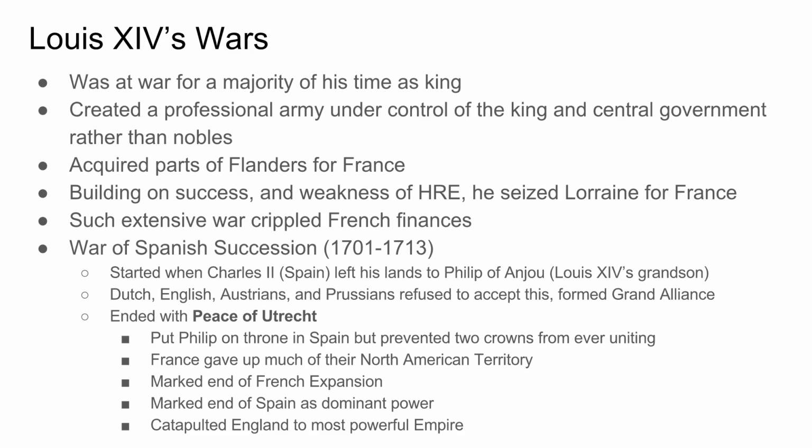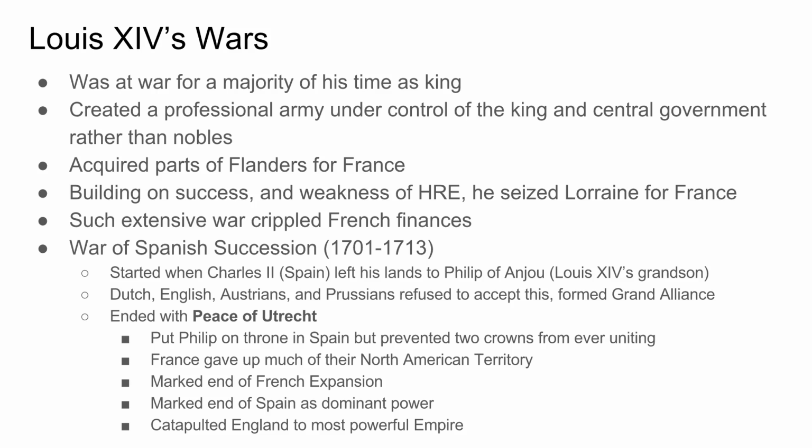And although he gains these important economic areas, these wars are super expensive, and they cripple the French finances. And the one that is kind of the coup de grace, the last straw, the final defeat that ends French expansion, is the War of Spanish Succession.